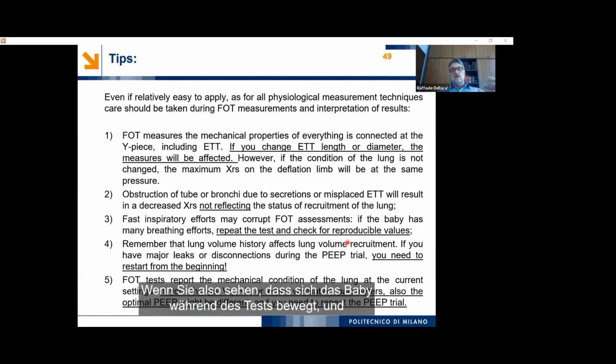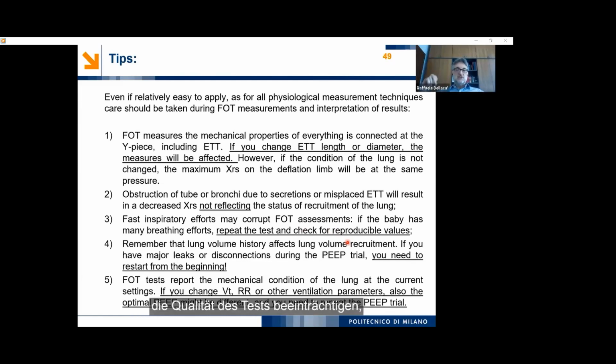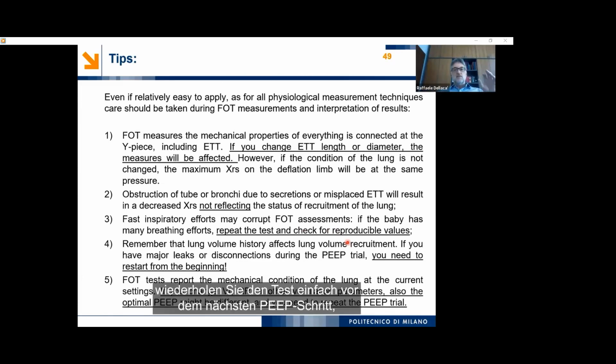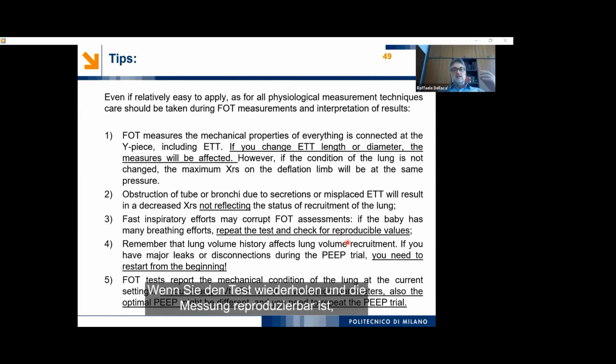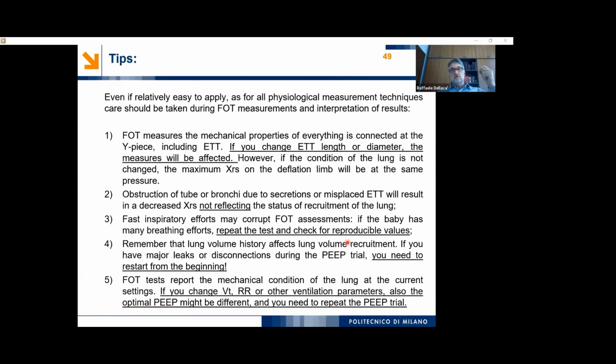So if you can see the baby is moving during this test, and you suspect that some fast changes may affect the quality of the test, you can simply repeat the test before moving to the next PEEP step. If you repeat the test and the measurement is reproducible, so similar to the previous one, you are sure that the test is done properly.